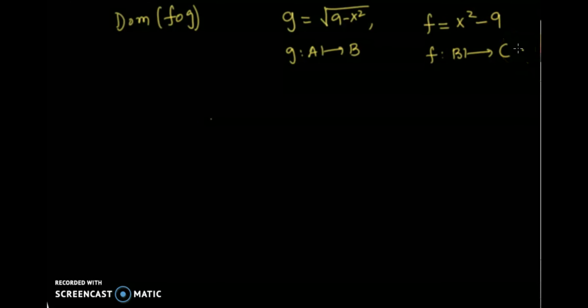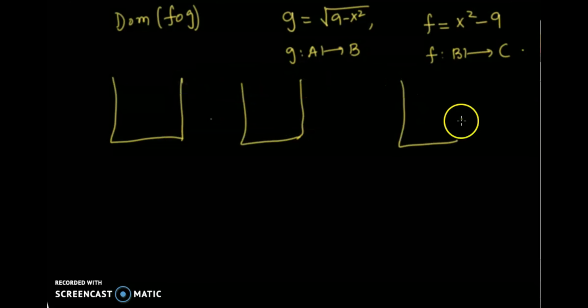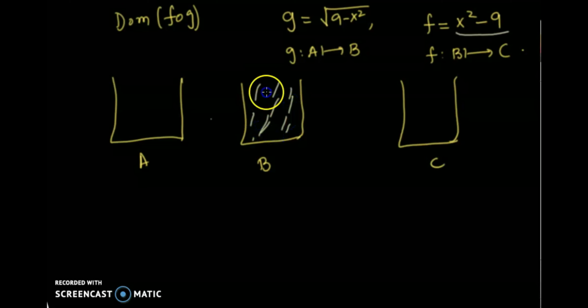Now let's say this is my set A and this is my set B and this is my set C. You can see the domain of f is all real numbers, so it is all of the elements here. And the domain of g is minus 3 to 3. You can find out the domain of g.